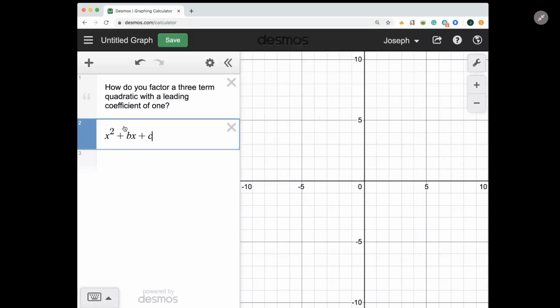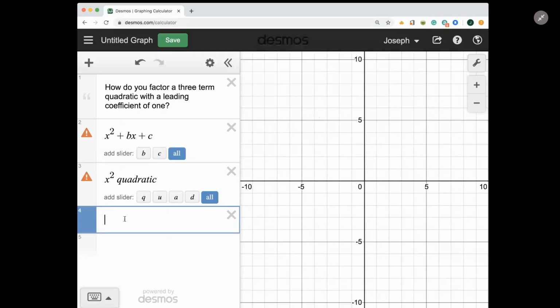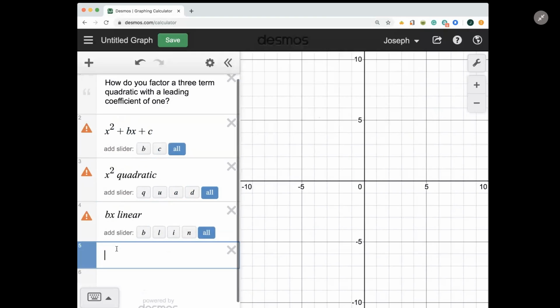The form we're looking at is x squared plus bx plus c. And x squared is what we call the quadratic term. Bx is what we call the linear term. C is what we call the constant.